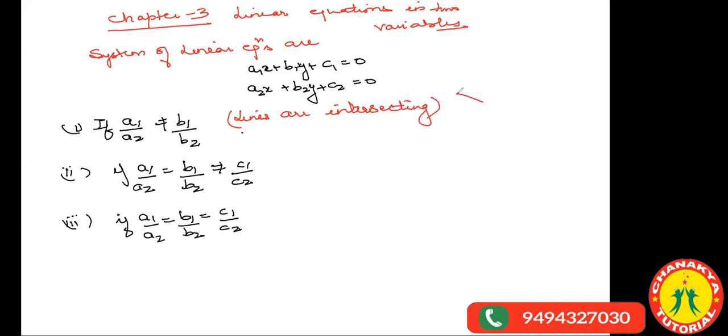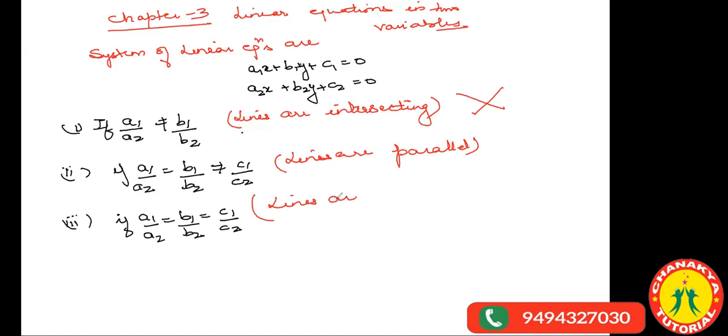Lines are intersecting means they will intersect at any point, right? Second is if a1 upon a2 is equal to b1 upon b2 is not equal to c1 upon c2, then lines are parallel. And third one is if all three ratios are equal, then lines are coincident.